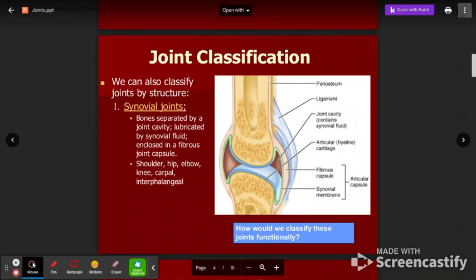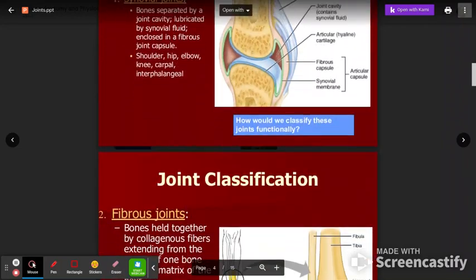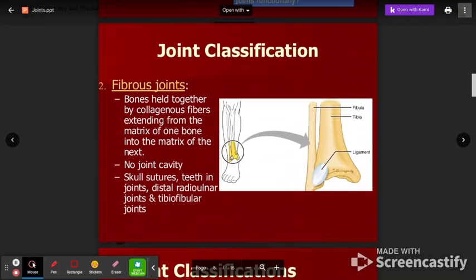Okay, a fibrous joint. Fibrous joints are bones held together by collagenous fibers made from collagen, extending from the matrix of one bone into the matrix of the next. Think about how complex your whole ankle area is. There is no joint cavity here.